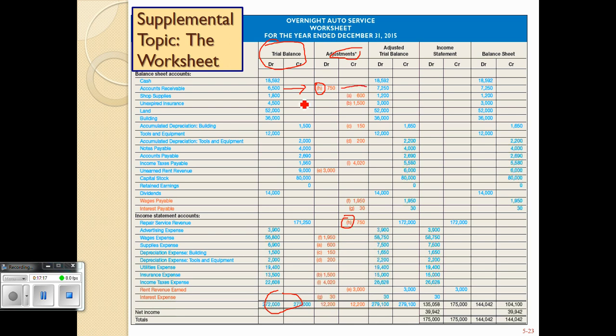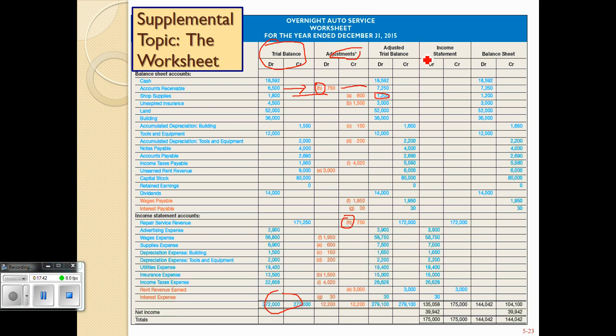Notice for the shop supplies, $1,800 debit plus the $600 credit means that it only now has a balance of 1,200 bucks. Okay, because 1,800 minus 600 is 1,200. So if they're both debits or they're both credits, they're going to add to one another. If they're debits, credits, they're going to offset. Okay, which makes sense, exactly what we would see in the T accounts.